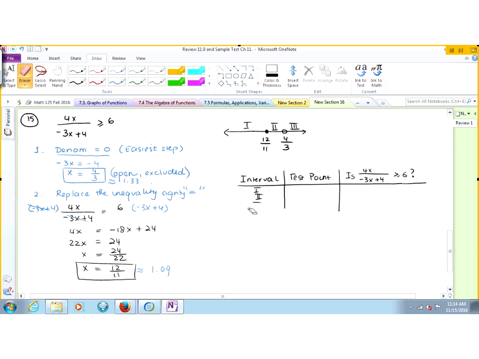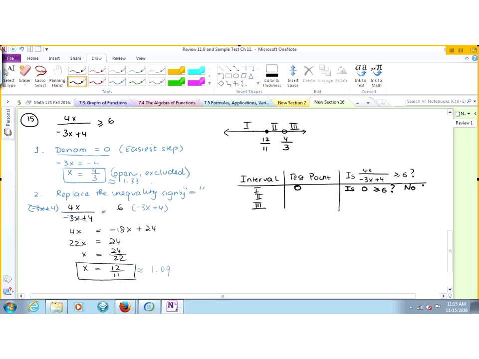Which one is your favorite number? 0. So where is 0 located? I'm going to put 0 here. 0 is in interval 1. So what is the question? What is 4 times 0? 0 greater than or equal to 6. That's my question.